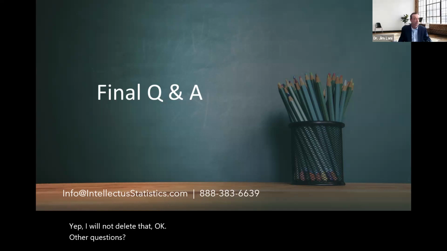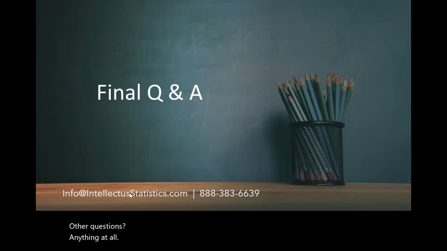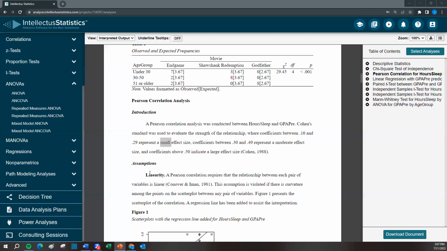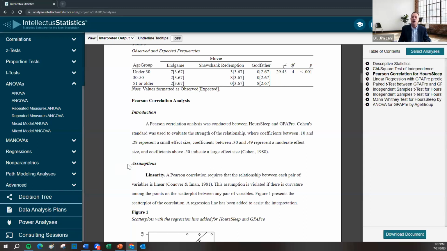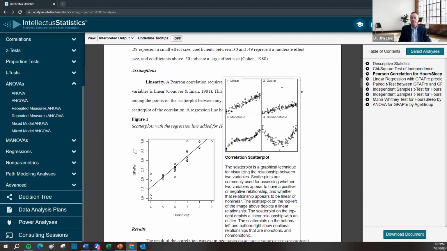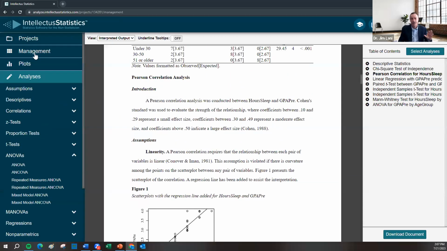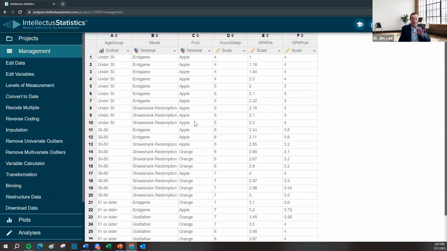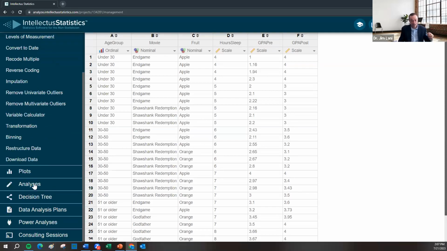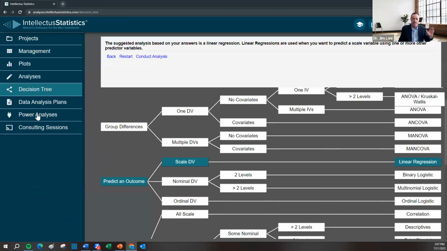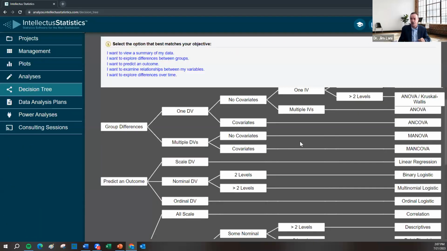Anything at all? Power analysis, we've had a few questions about that. Yeah. So what did we assume here? What we assumed is we had data and that we had research questions in our mind, right? So you need to have the research questions, and the decision tree is going to help you figure out what test. That's important.